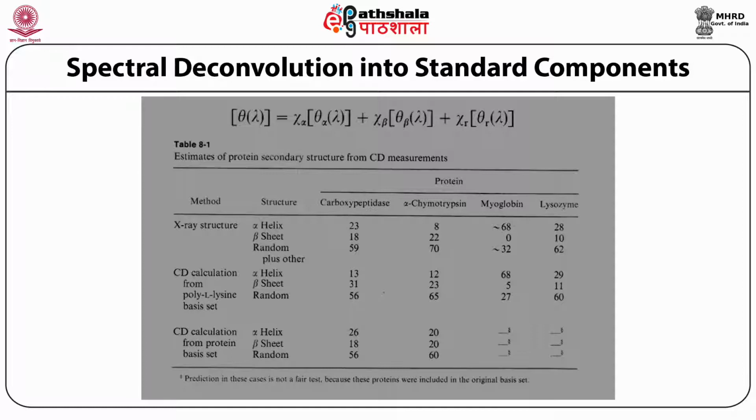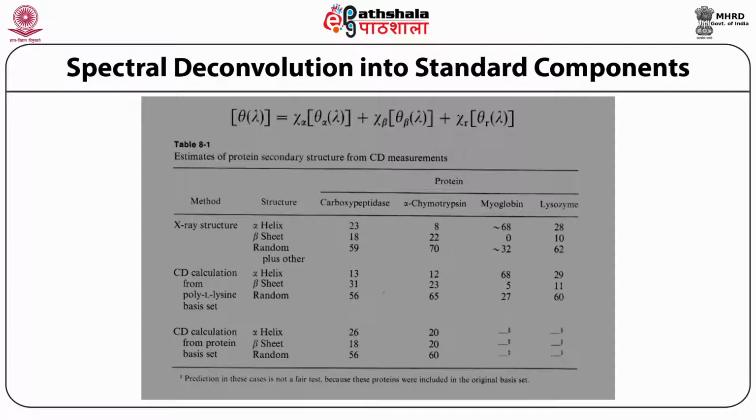The same data calculated from CD, taking polylysine as a basis set, does not match exactly, but it corresponds with the structure determined by X-ray crystallography. For example, carboxypeptidase has 23% alpha helix, but CD shows 13% alpha helix; 18% beta sheet, with 31% beta sheet by CD; and 59% random coil, corresponding with 56% random coil measured by CD.